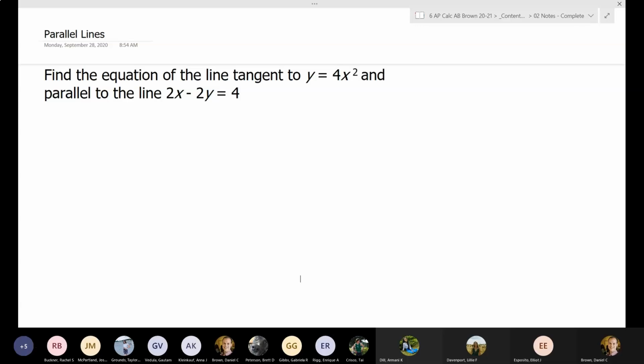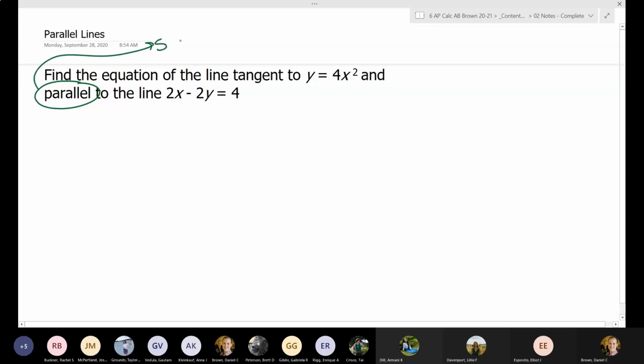And then we have this line, 2x minus 2y is equal to 4. I know it's a line because x is to the first power and y is to the first power. And I want to find a tangent line that is parallel to that given line. Well, if it is parallel, what do we know in math about parallel lines? Same slope. So we know that they have the same slope.